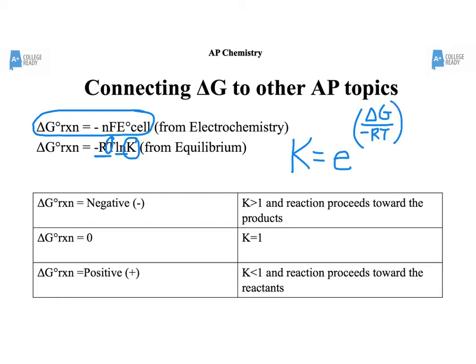I just did algebra to rearrange this equation to solve for K. So e is the inverse natural log. All of this part at the top is going to become an exponent of e. And all you have to do is plug in your delta G, your R, and your T. Watch out here because R's units are in joules, which means your delta G needs to be in joules.